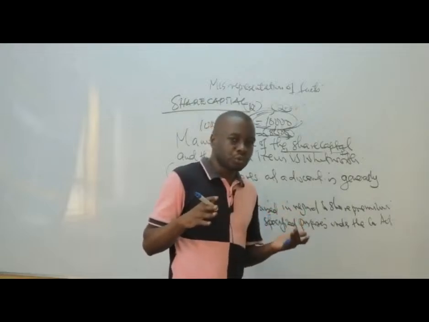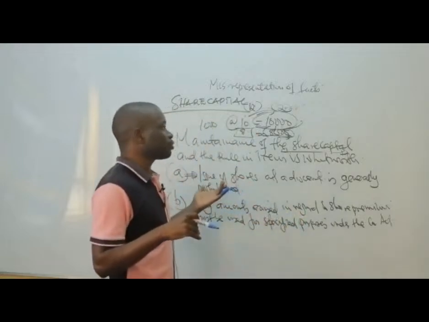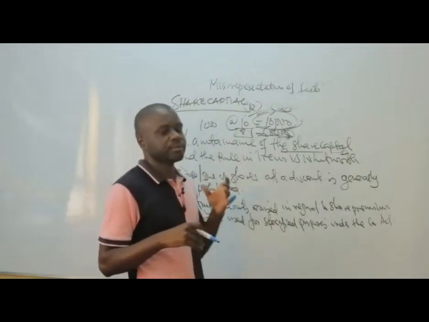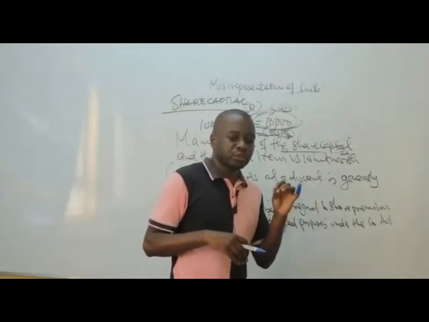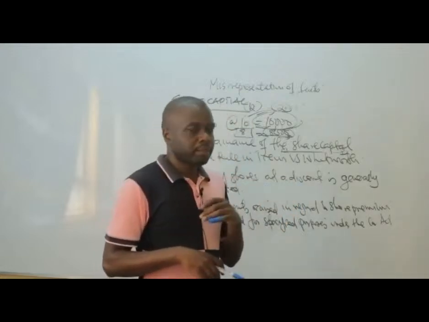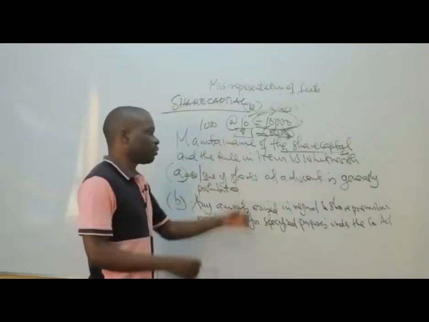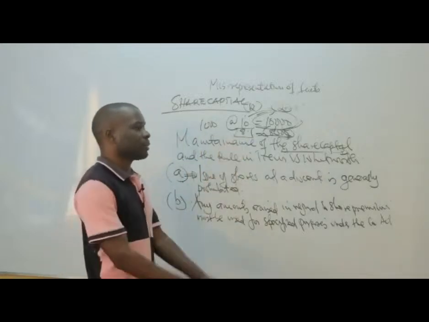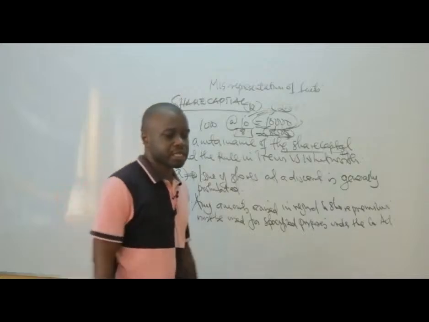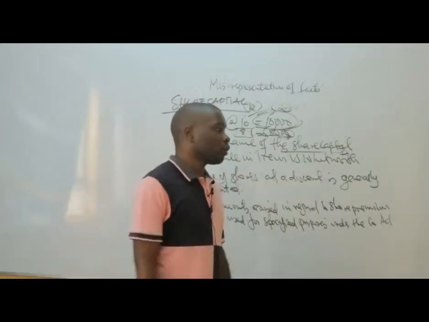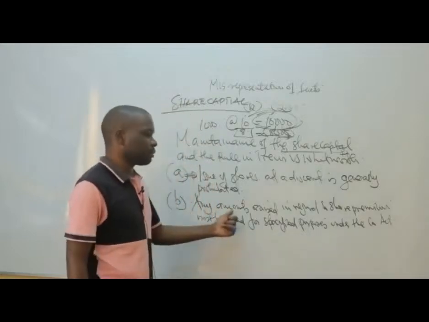For example, I told you this particular premium can be used to eliminate the preliminary expenses of the company, those expenses incurred during the formation process. Also, if the company is redeeming preference shares at a premium, that premium can be covered from the share premium account.